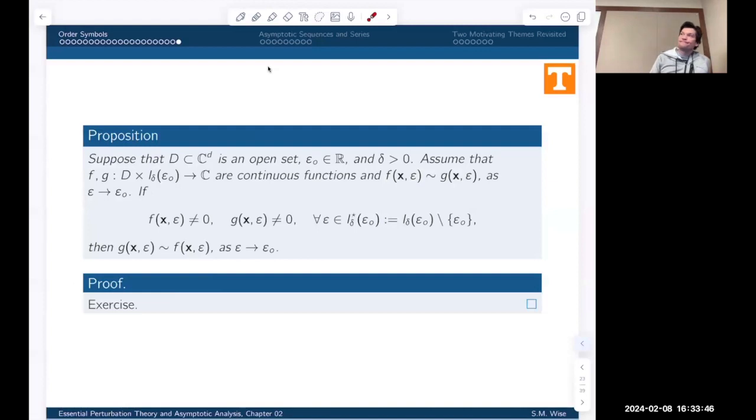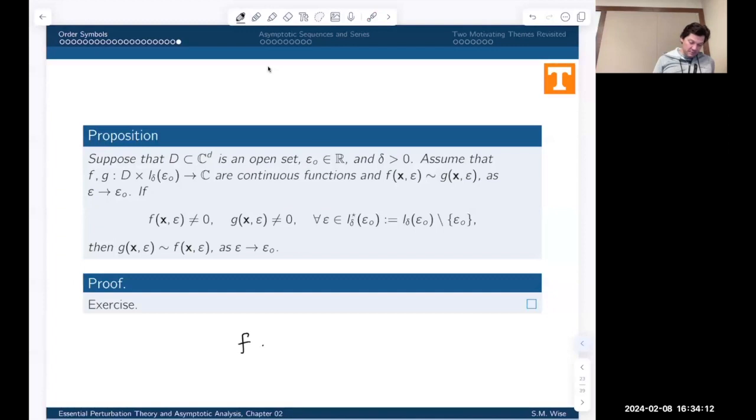Is it transitive? I forgot, actually. It's possible there's a simple example where that's not true. But let's see. If transitive, then what do we need to show?